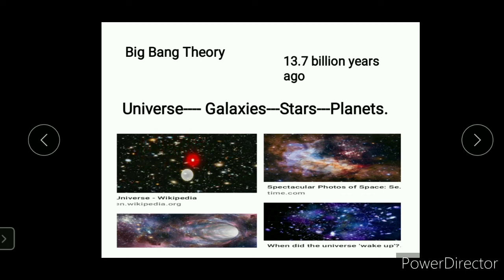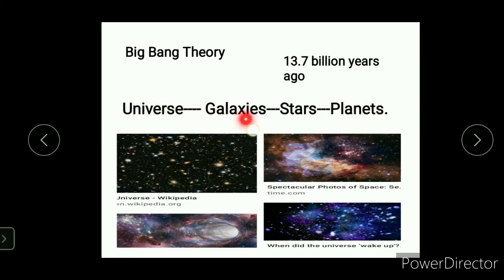Slowly from the universe, galaxies originated. What do you mean by galaxies? A group of millions of stars is a galaxy. So there are millions of galaxies formed in the universe. And from the galaxies, stars have formed. And from the stars, planets have originated.